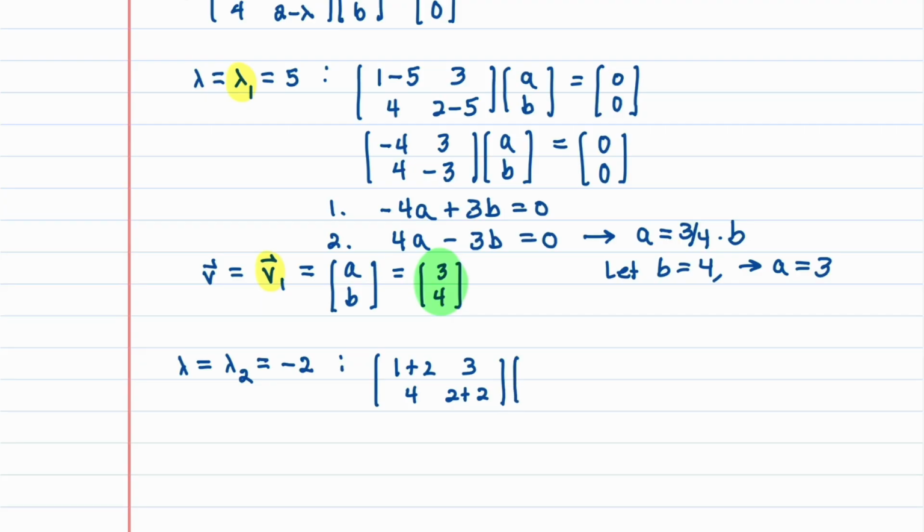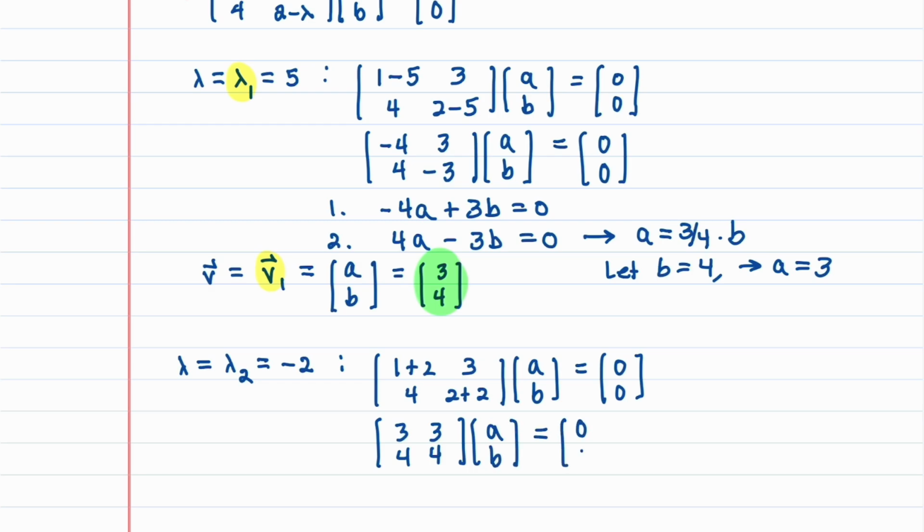This multiplies AB. It's a different AB than we had for our first eigenvalue. And we get 0, 0. This gives us 3, 3, 4, 4 times AB, and it's equal to 0, 0.